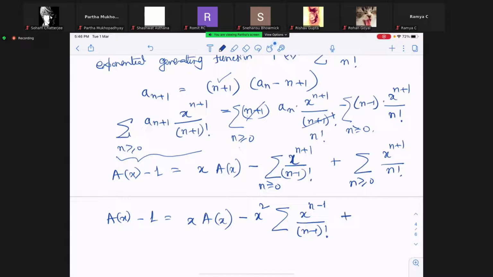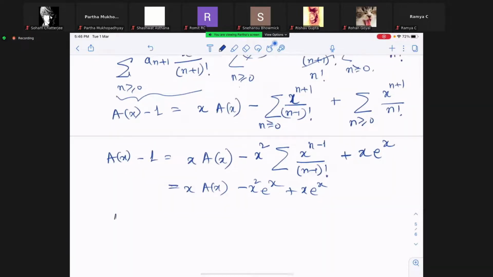And this term is x goes, and then it is e power x. And this is like x squared e power x, right? All together it will be A(x) equals x squared e^x plus x e^x.